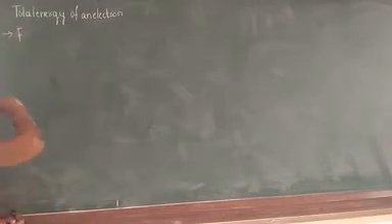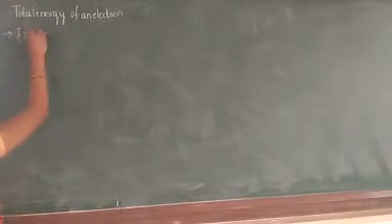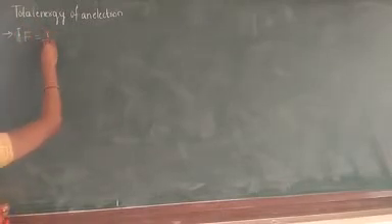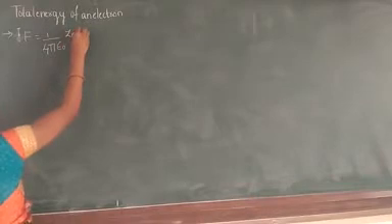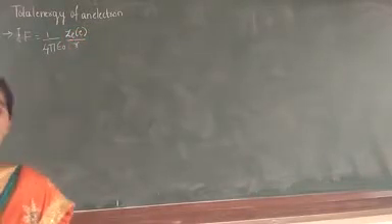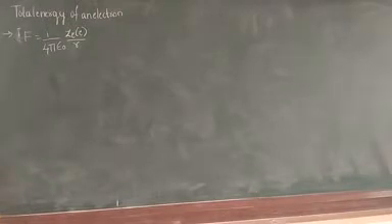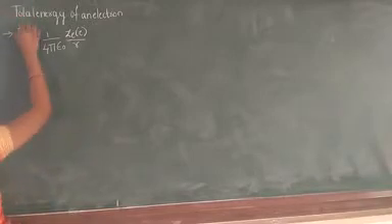Now we write the formula: F is equal to 1 divided by 4 pi epsilon naught into Ze into e by r. In this condition, we apply the potential energy, which can be written as U.